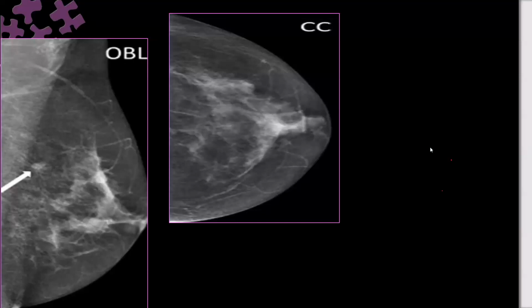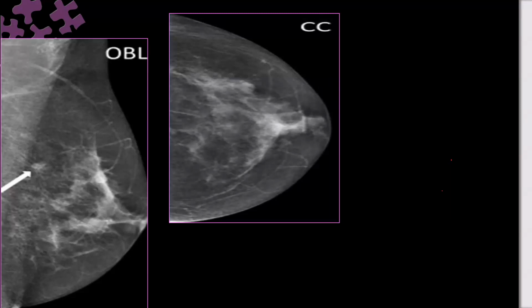I told you that on the CC view I cannot appreciate it. Excellent. It would not be appreciated, so we are dealing with a case of uncertainty. I would ask for another view. We call it single view asymmetry, a single view lesion.